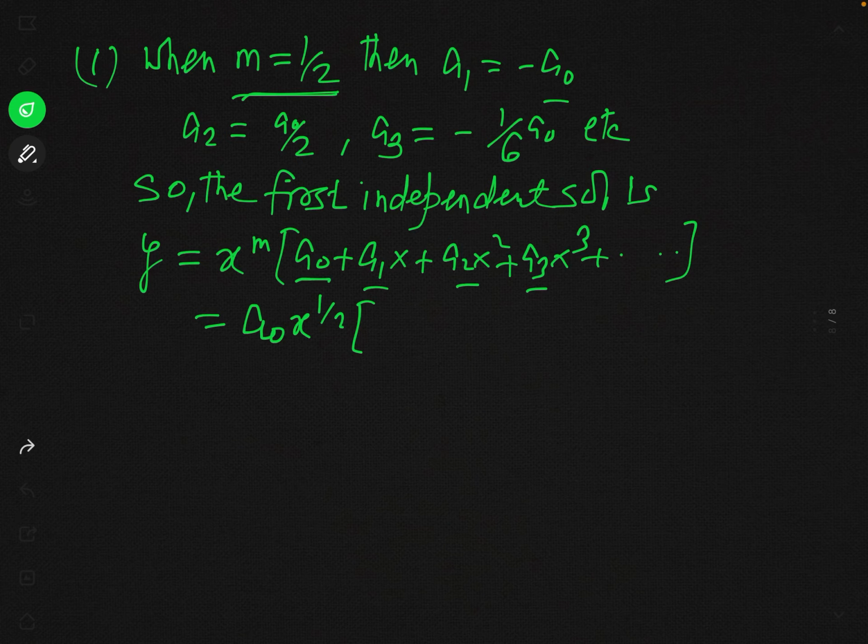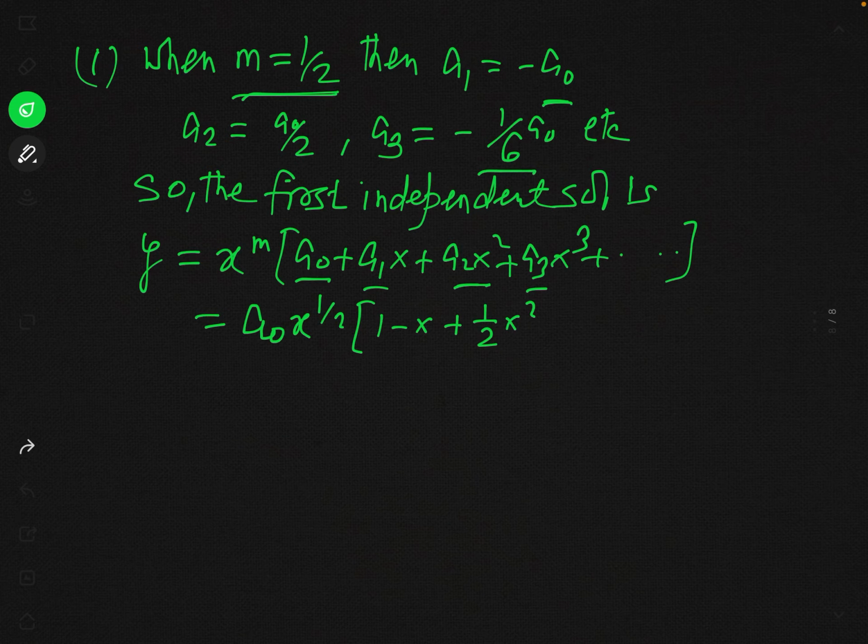Now see, a naught has been taken as a common factor, so in place of a naught there will be 1, and a1 is equal to minus a naught, so here will be only minus x, and plus a2x square. a2 is a naught by 2 and you have taken a naught as a common factor, so this will be 1 by 2 x square.